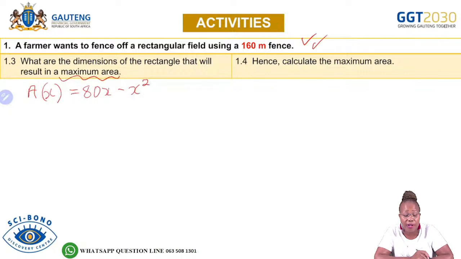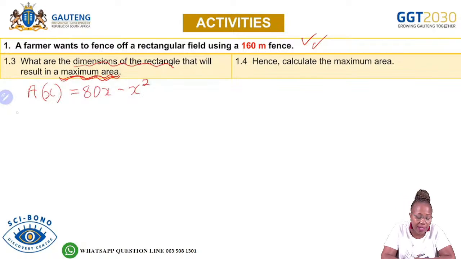From this area now, they say find the dimensions. Dimensions, they mean the length and the breadth that will result in maximum area. The minute we see the word maximum, what comes into our mind, grade 12? Derivative. We must derive the area.